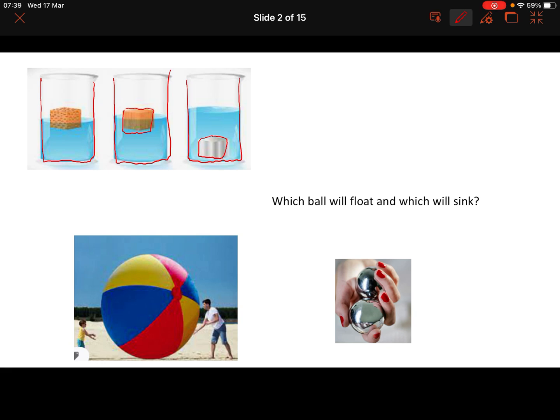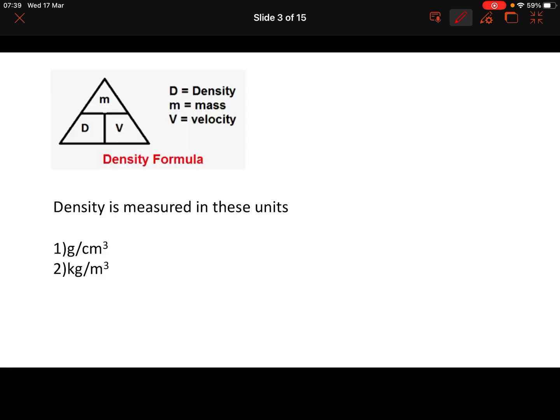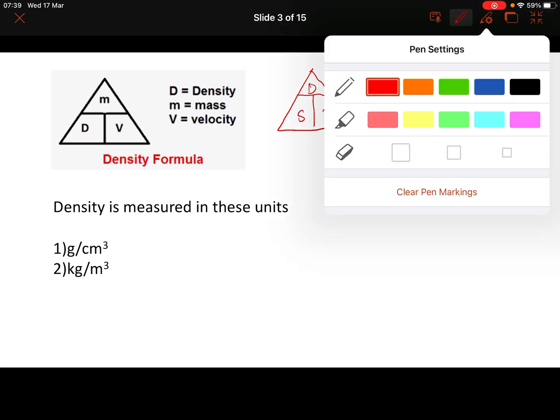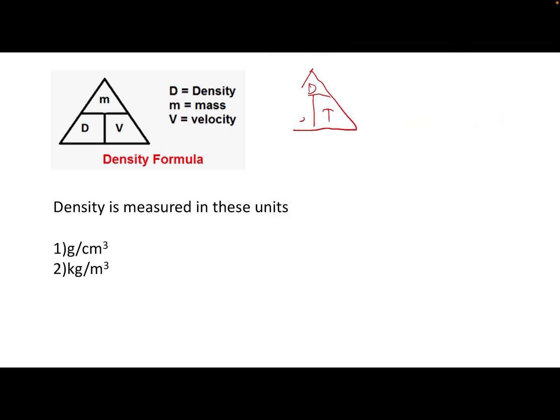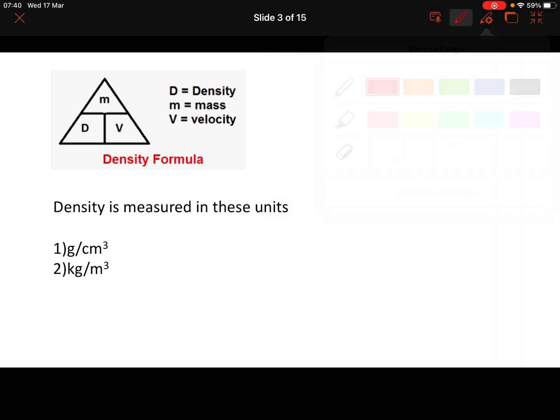So how do we measure density? Here are the formulas. Remember when we did speed, we said speed equals distance over time. Well, same thing with density, only density is mass divided by volume. Density is equal to mass divided by volume.